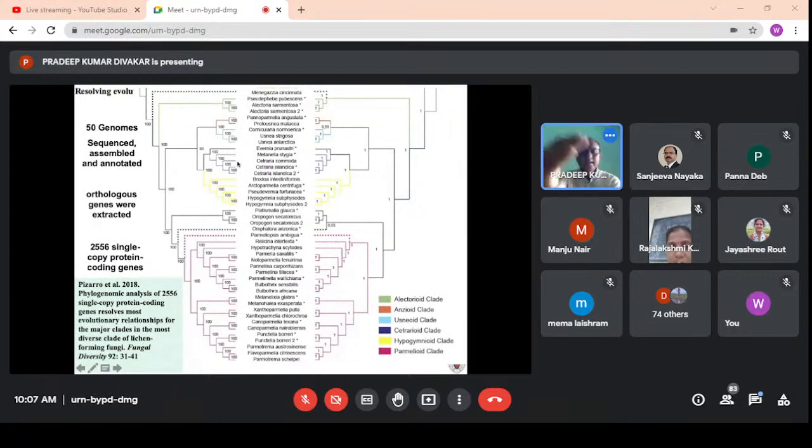I have not added them here; mostly I will show you only the Pameliaceae. After the genome sequencing, we assembled and annotated all the genomes, did the orthology search of all the genomes, and finally we ended up with 2,556 single copy protein coding orthologous genes.